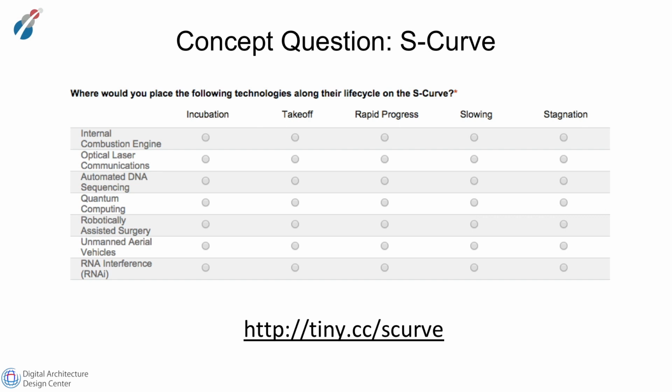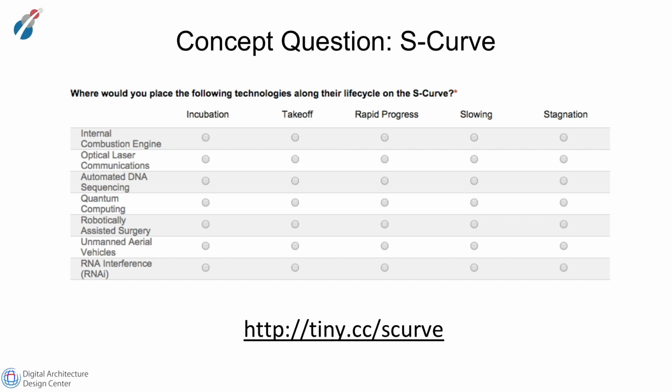So rapid progress. DNA sequencing, for sure. If we had asked this question 10 or 20 years ago, most of you would have said it's just taking off, but it's definitely progressing quite rapidly. Quantum computing, the majority of you said it's in the incubation phase. I think that's correct. Robotically assisted surgery, for example the Da Vinci robot, is used for some kinds of surgery but not all, so it's somewhere between takeoff and rapid progress.